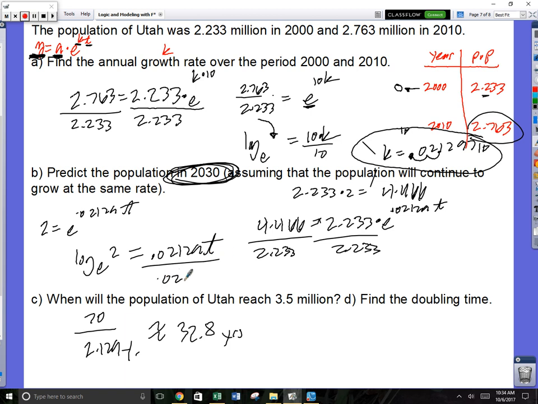Divide that by 0.02129. If I use what I've got stored in my calculator and don't round it, I get exactly time equals 32.54654 years. So that is dang close to the rule of 70. That's way close, plenty close enough.